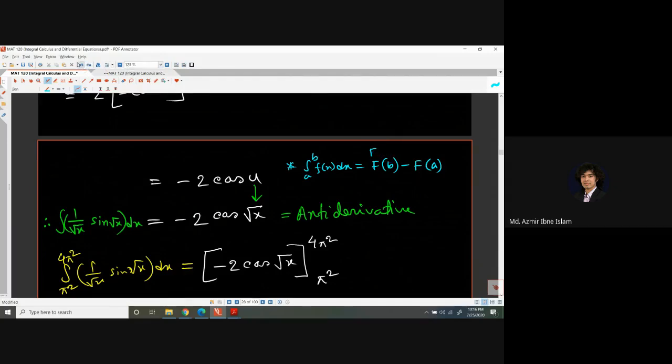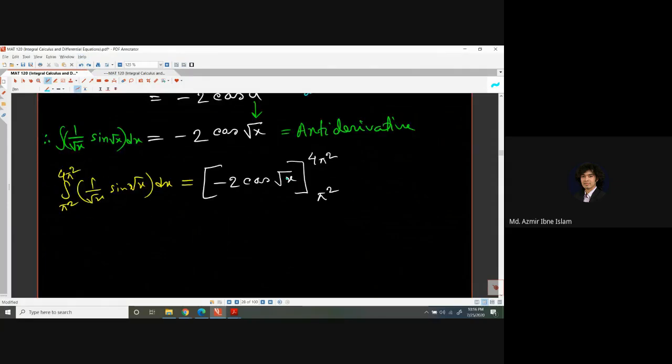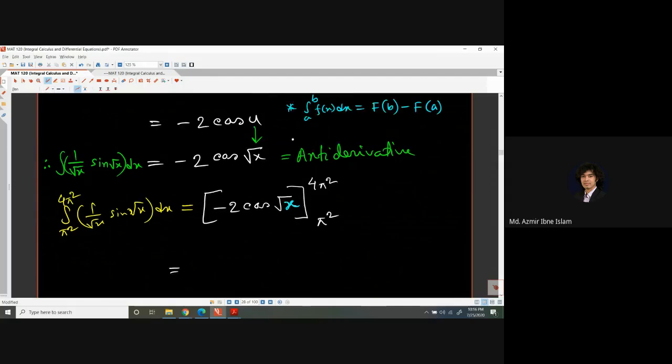At first try to figure out the input here. Here we have input x. In that place we need to input the upper limit and lower limit. So first of all, antiderivative at the upper limit. Since we can see that negative 2 is constant, why not bring this one.